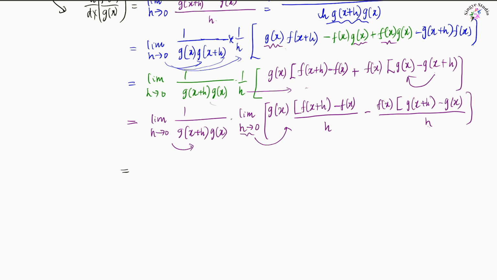Now applying this, we see here that when h approaches 0, what happens? g of x plus h will approach g of x, right? And this g of x is independent of h. Now with this, this will reduce to g of x and we have here g of x. Thus it will reduce to 1 upon g of x the whole squared, right?